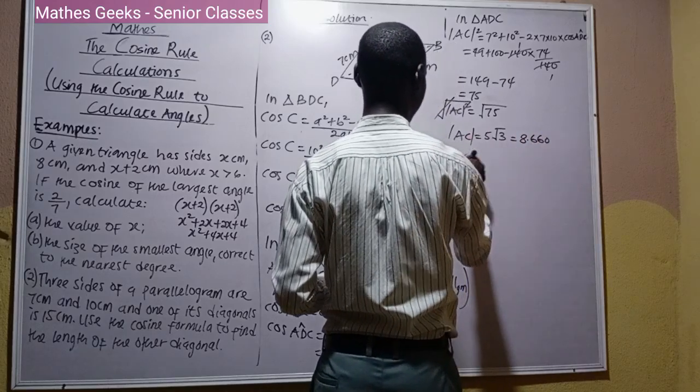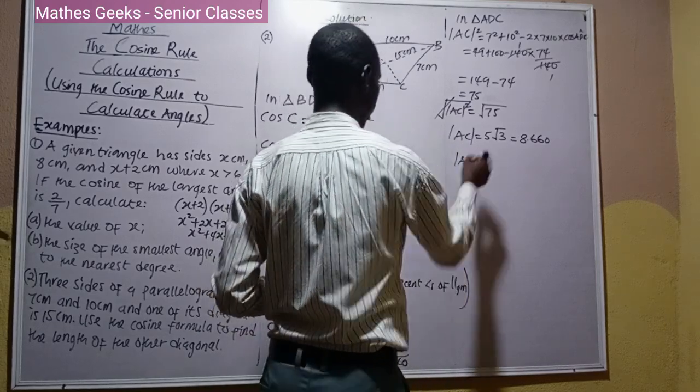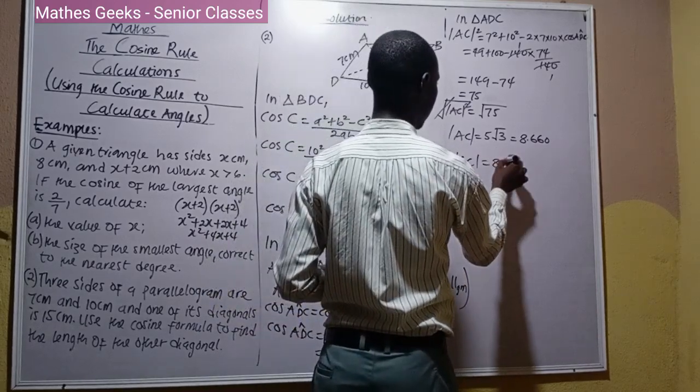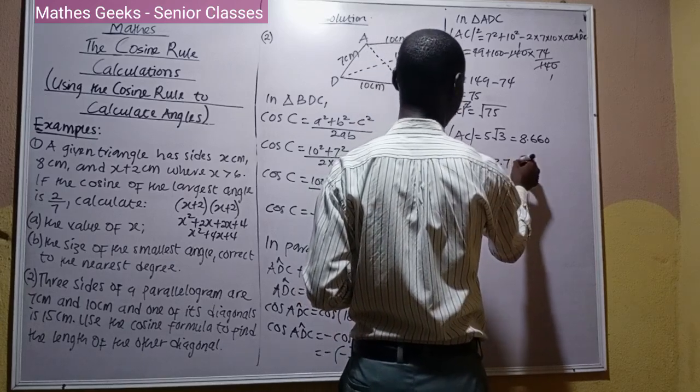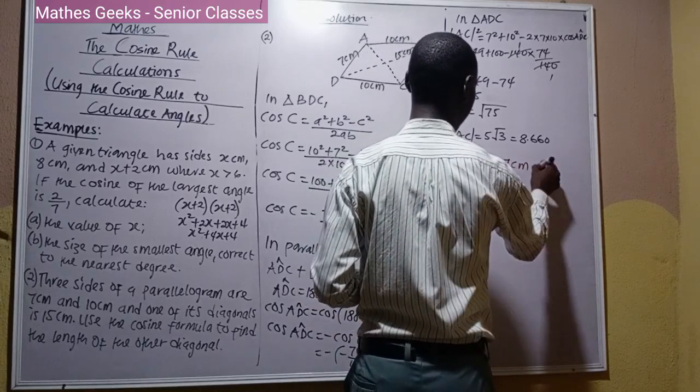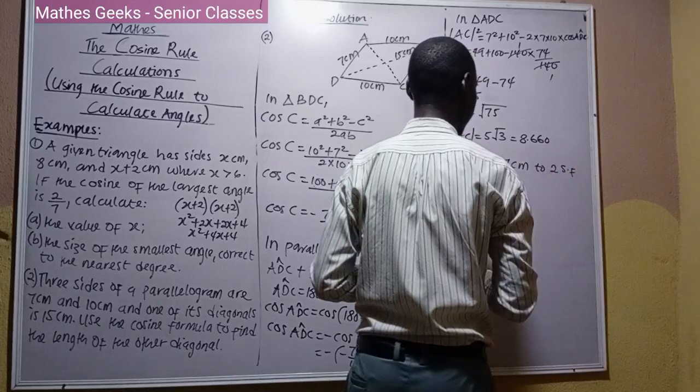So AC is approximately 8.7 centimeters to 2 significant figures.